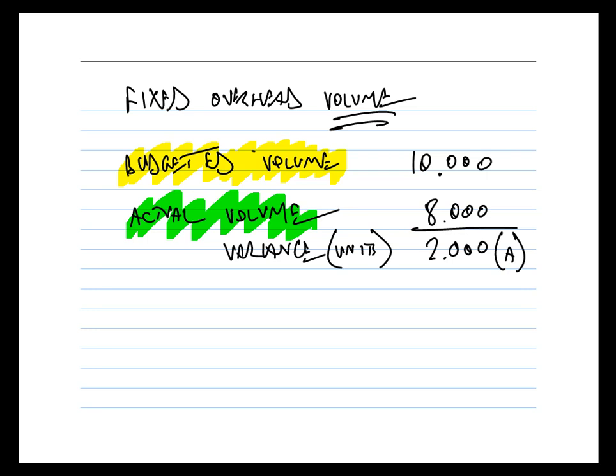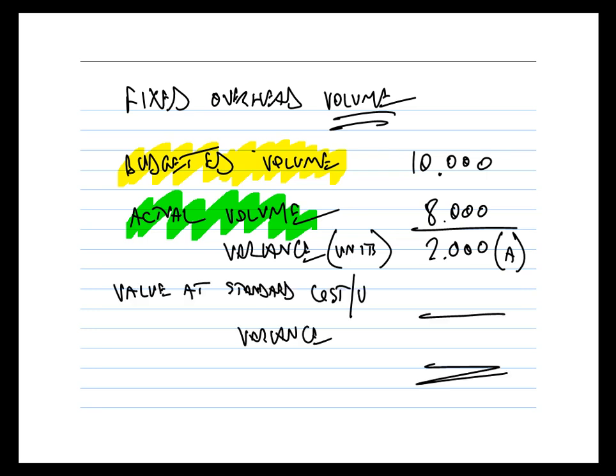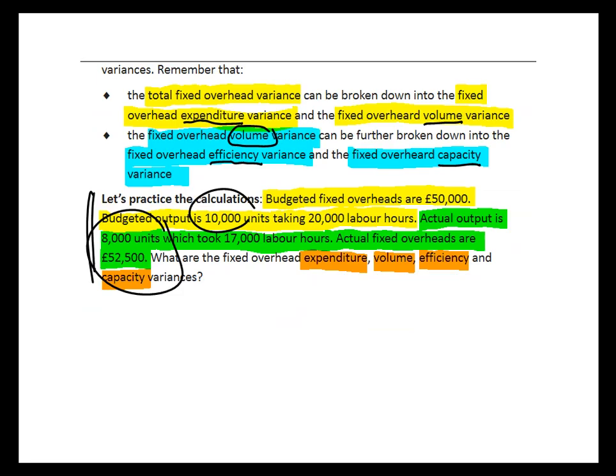Now, because this is measured in units, I do need to convert it into financial terms. I need to work out what the impact will be in pounds. And to do that, we value the variance we've calculated at the standard cost per unit of, in this case, the fixed overheads. Now, if we look back to our example, standard means expected or target based on the budgets.